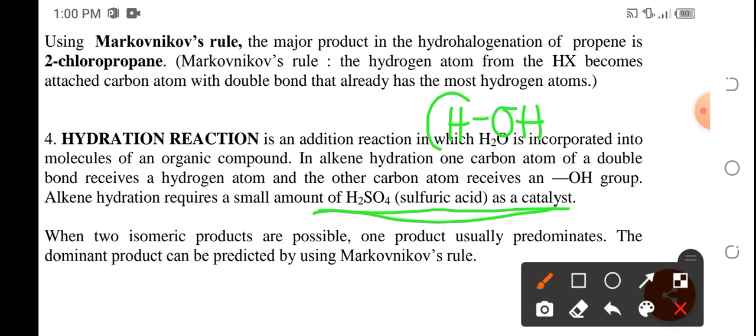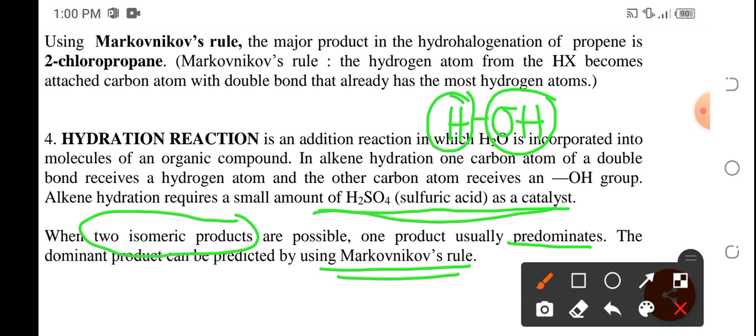So ito yung unang grupo na i-add, and then we have another group to be added at the double bond site of the alkene. Since this is an unsymmetrical addition reaction, there is the possibility for two isomeric products to exist. To determine which product predominates, we still have to follow Markovnikov's rule.